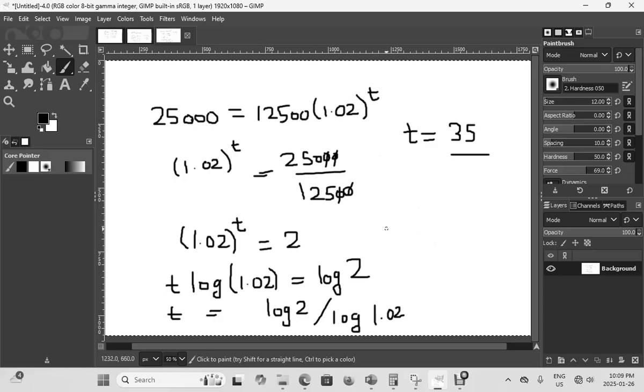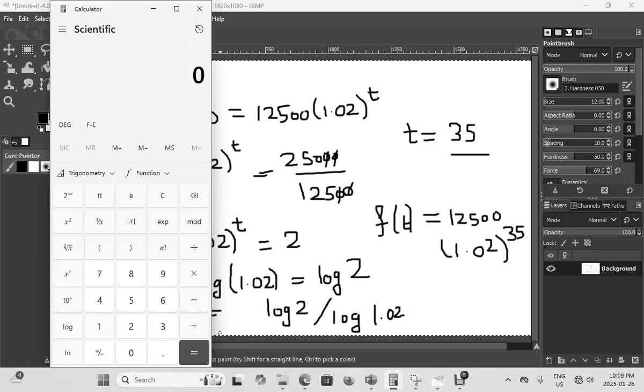To double check this answer, we can substitute this value into the function. So f(t) equals 12,500 times 1.02 raised to 35. 1.02 raised to 35 will be this figure over here, and multiplying by 12,500 is roughly 25,000.